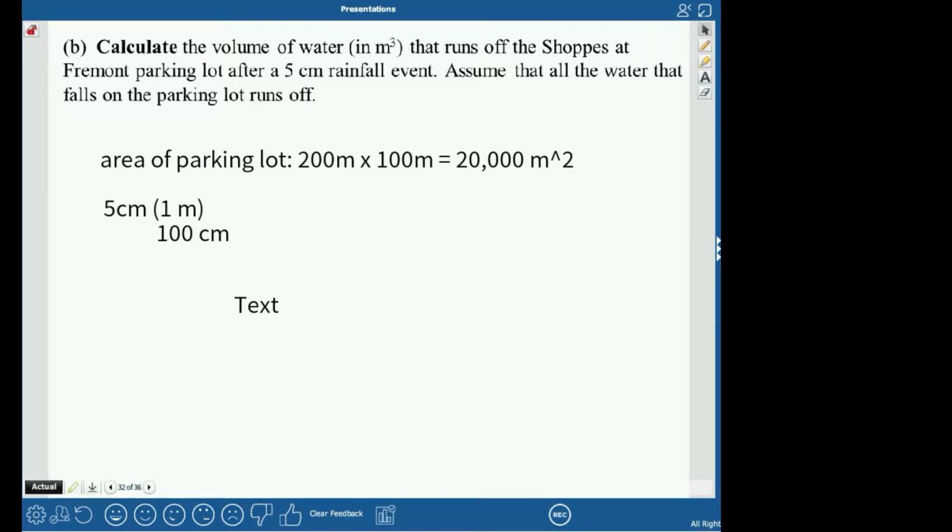Okay, so you see how I have 5 centimeters, 100 centimeters. I'm trying to do that dimensional analysis. So then we'll cross off the centimeters. My pencil isn't working today, so I can't actually write it, unfortunately. So I'm trying to do the best I can. Then we'll take 5 and divide it by 100, right? And that'll give us 0.05 meters.